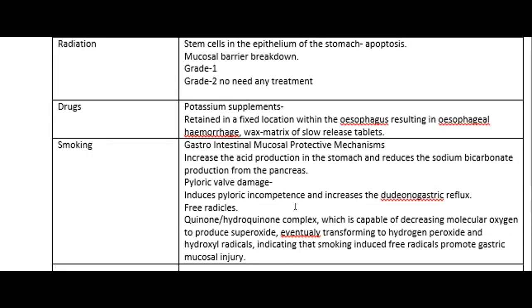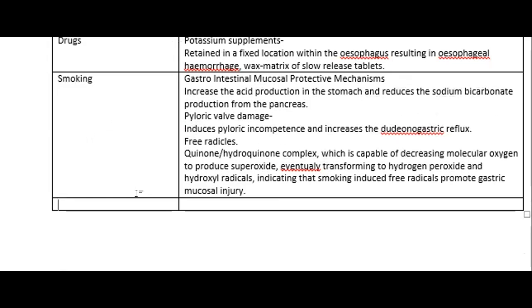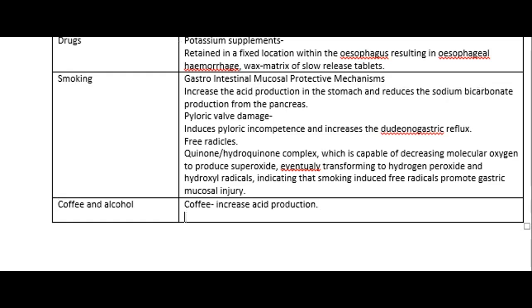Another one is coffee and alcohol. Both caffeinated and decaffeinated coffee can increase the acid production, and alcohol erodes the protective mucosal lining along the gastrointestinal tract.